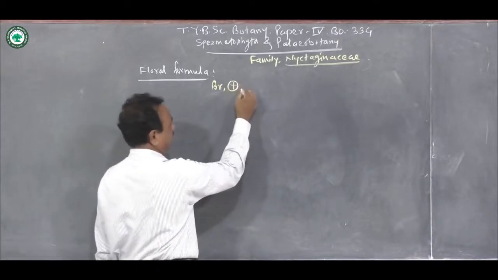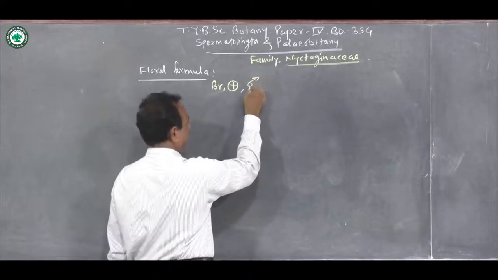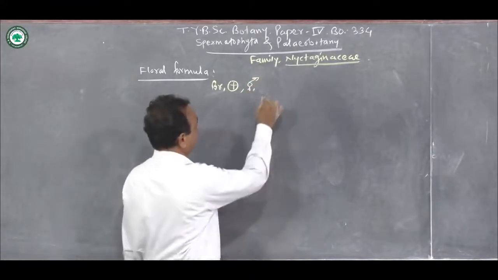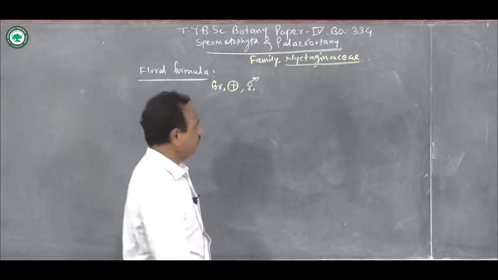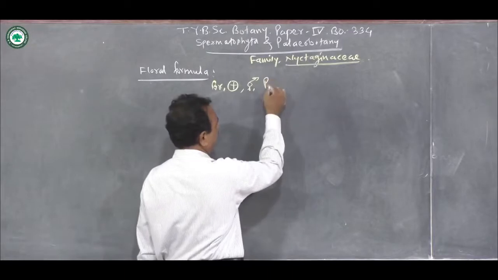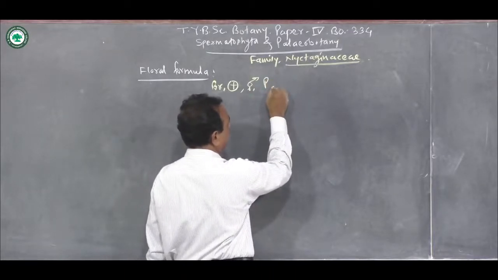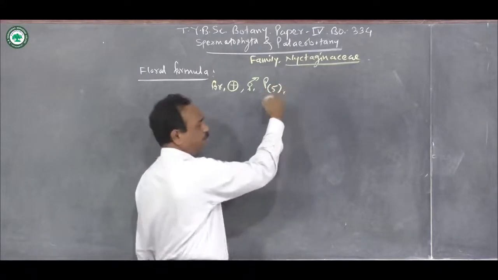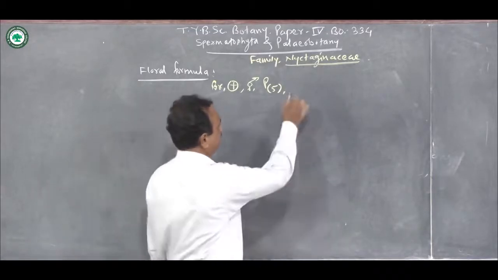Flowers are actinomorphic. Flowers show the presence of both sex organs, androecium and gynoecium, so it is bisexual. Calyx and corolla are not differentiated, and so the word perianth is used, symbol is P. These perianth lobes are 5 in number, fused, so it is known as gamophyllous.